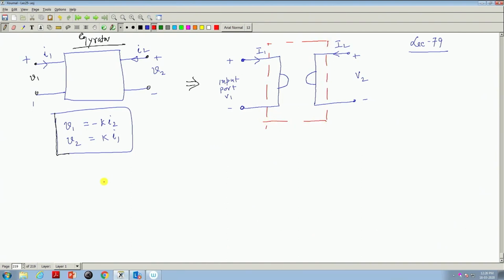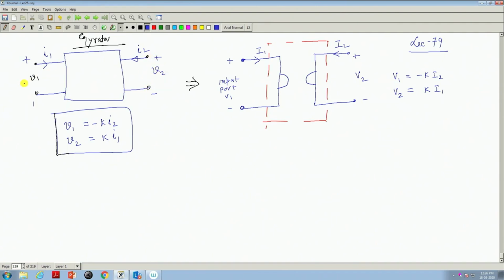Just by looking at it, one can tell it is a gyrator, and then this relationship holds good. So, the relationships are V1 is equal to minus k into I2 and V2 is equal to k into I1. Now, I have explained to you how an inductor gets converted into a capacitor, or a capacitor connected at the secondary port will look like an inductor.